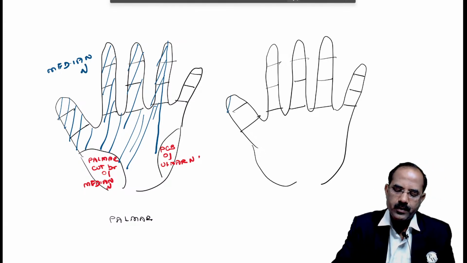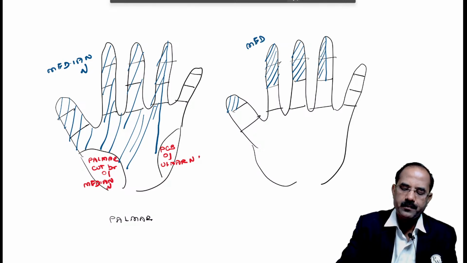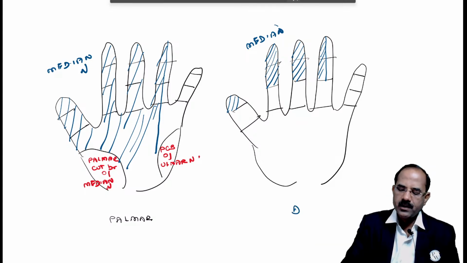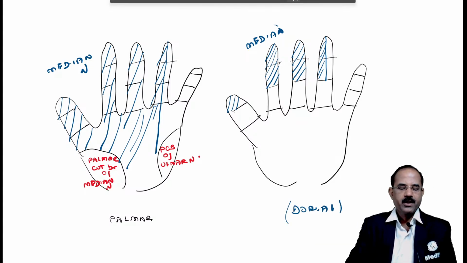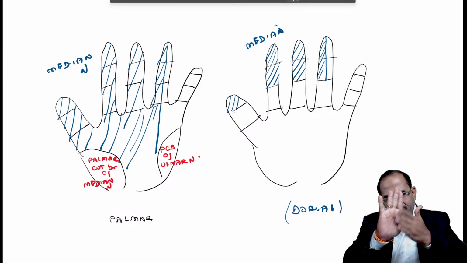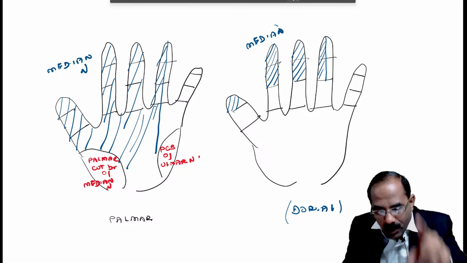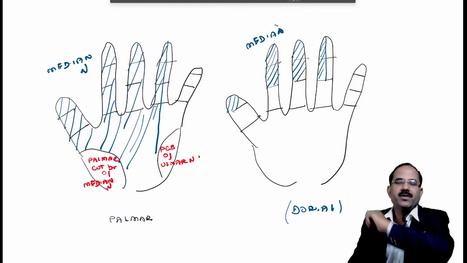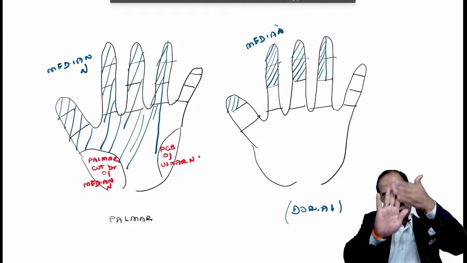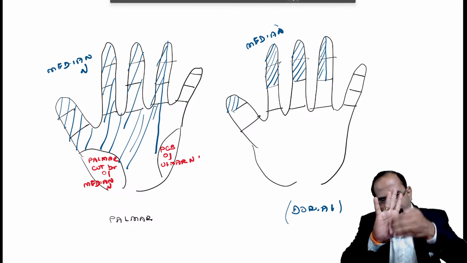The same median nerve goes to the dorsal aspect and supplies the distal phalanx of the thumb, and the distal and middle phalanges of the other fingers. So the median nerve supplies the complete 3.5 fingers on the palmar aspect: the thumb, the index finger, the middle finger, and half of the ring finger.